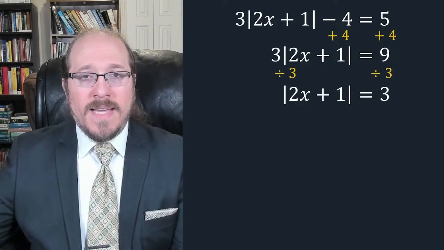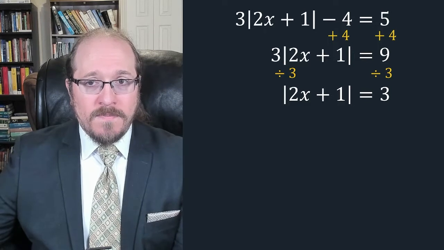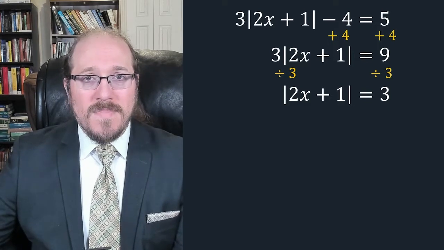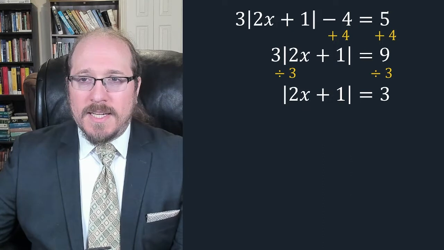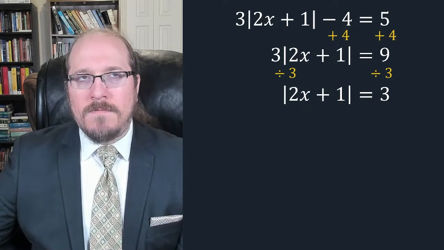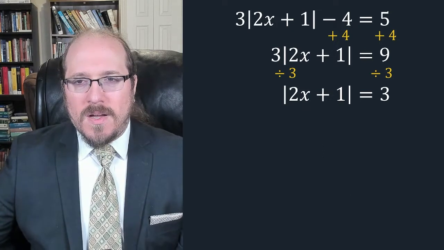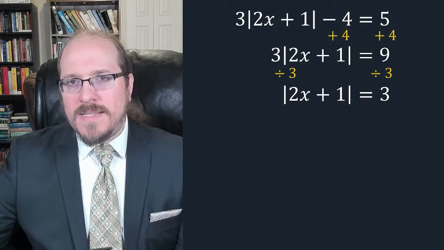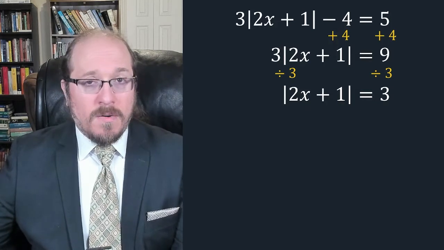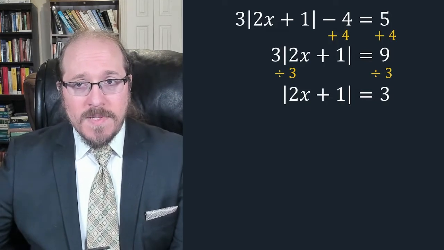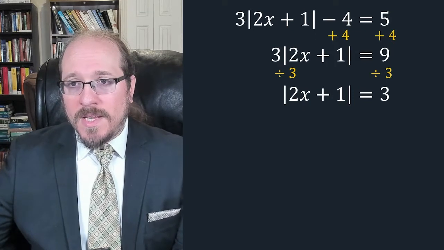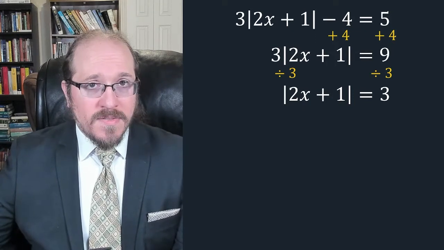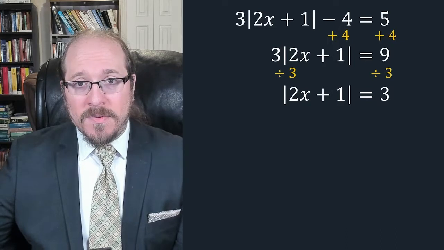So now we have the absolute value of 2x plus 1 equals 3. At this point, we could think, what do we know about absolute values? Well, the absolute value of a number is its distance from 0, which is always positive. So if the absolute value of a number is 3, the original number could have been positive 3, or it could have been negative 3.